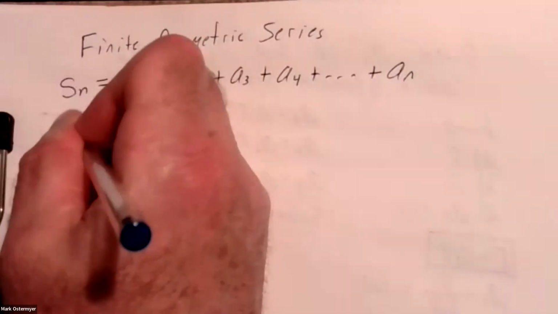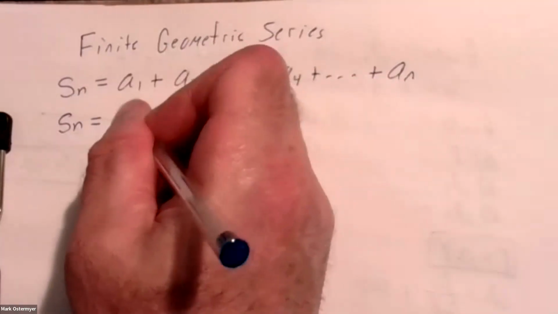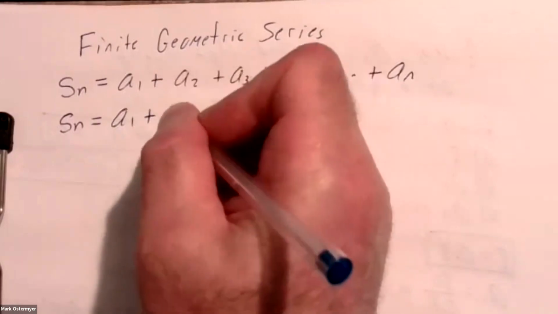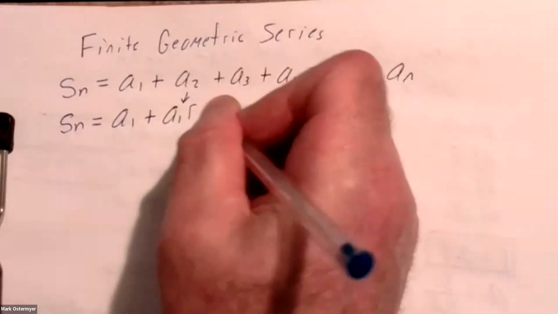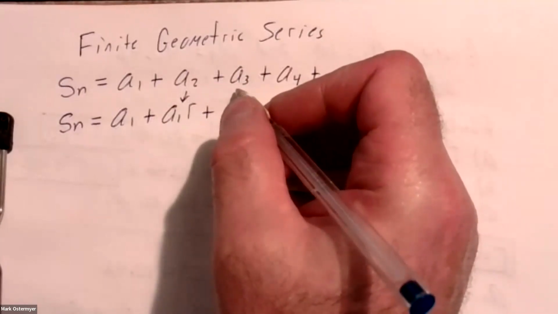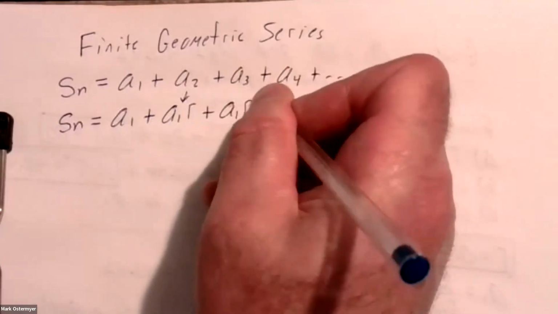Well, this nth partial sum formula can be refined though, because we know the second term of a geometric sequence is really the first term multiplied by the common ratio. The third term is nothing more than the first term multiplied by the common ratio squared.